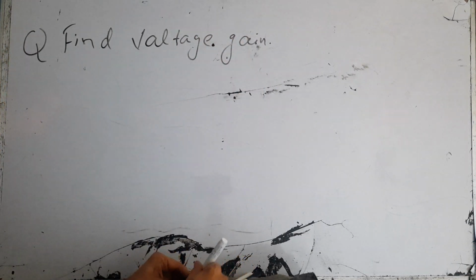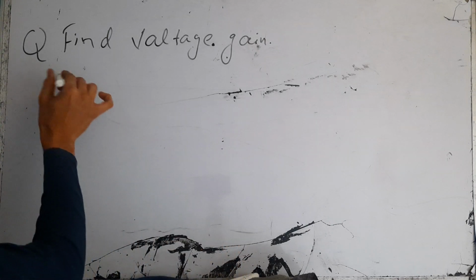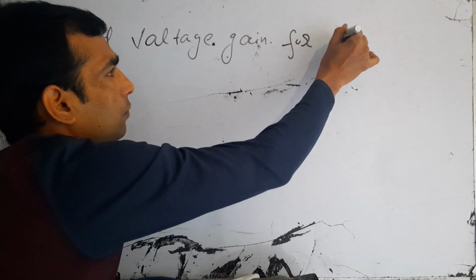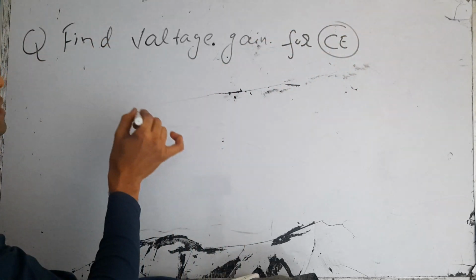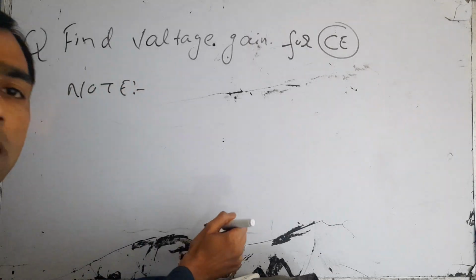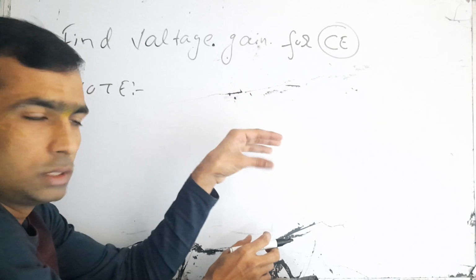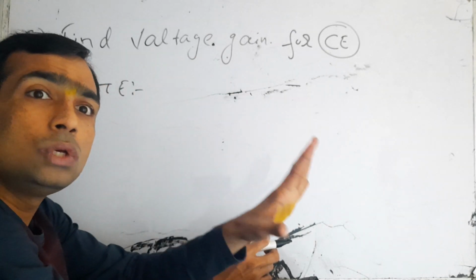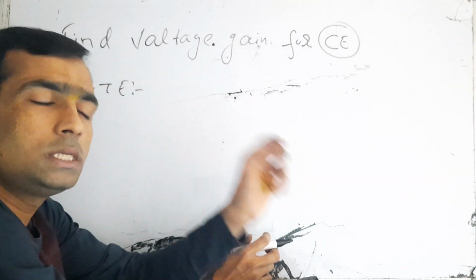Right, students? So this is basically find voltage gain. Say I'm going to take voltage gain for common emitter. Just note one thing, student. The note is: if nothing is mentioned in your question, common base, common emitter, or common collector, in that case you can consider common emitter, because it's more efficient.